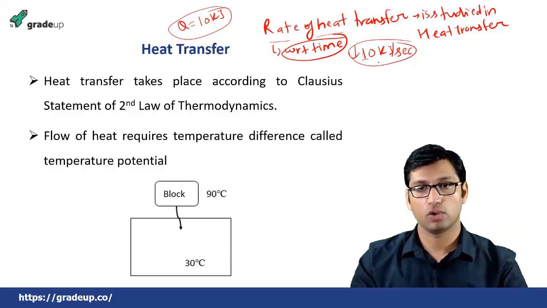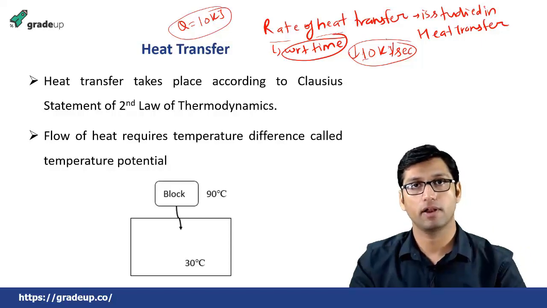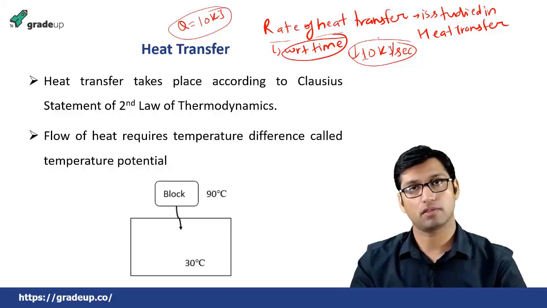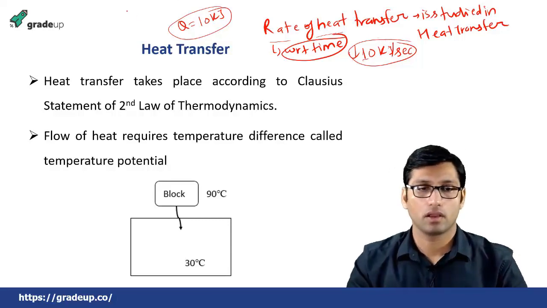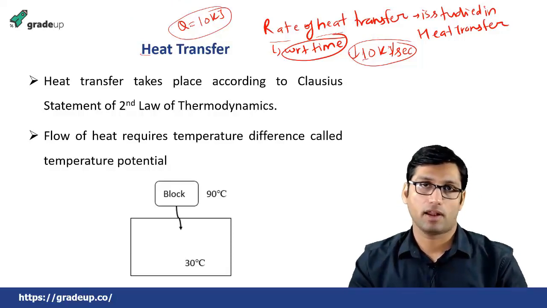So with respect to time, the amount of heat transfer from one equilibrium state to the other is what we study in heat transfer analysis. This was the difference between thermodynamic analysis and heat transfer analysis. I hope you have understood that.